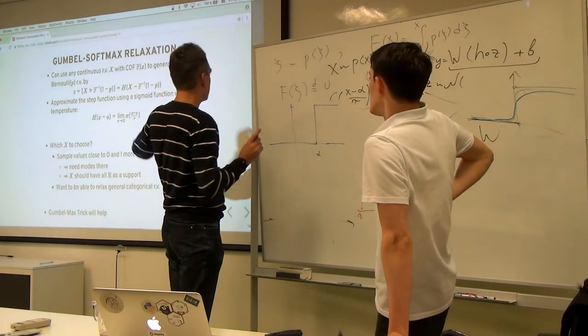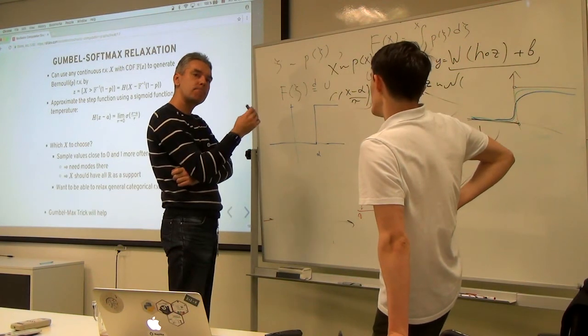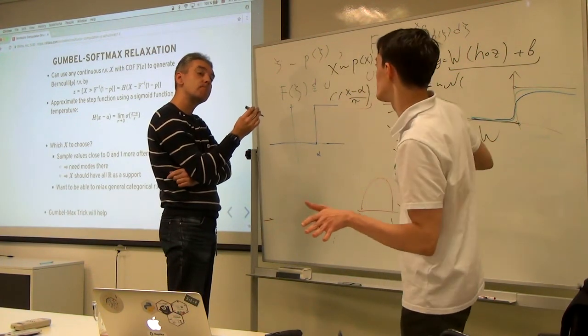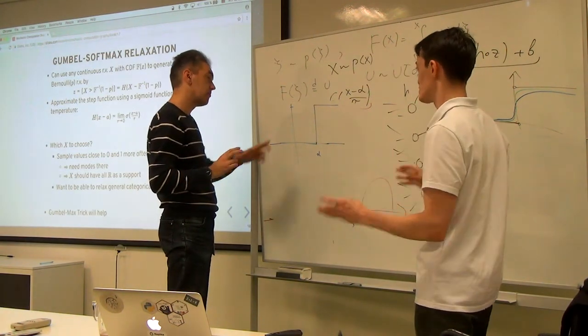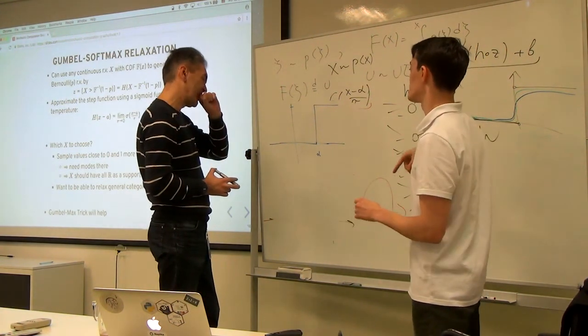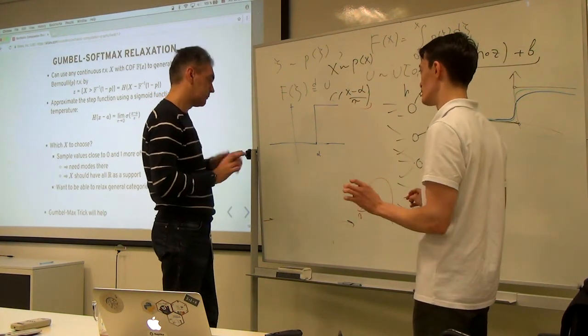After we perform the inverse CDF, for example, if your x does not have full support, if it has only some subset of R as its support, then you will never sample ones and zeros. You will have zero mass in some vicinity of 1 and 0.